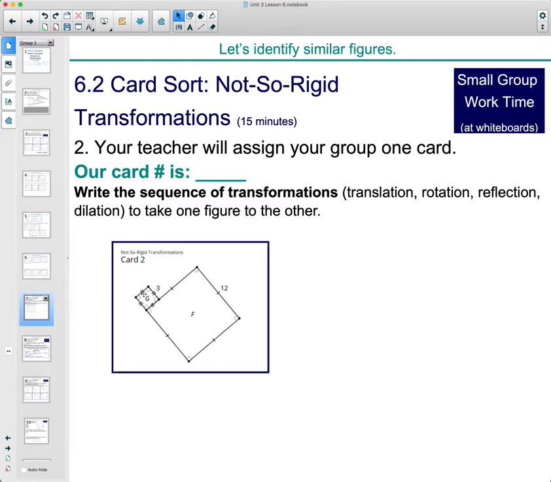So do a sequence of transformations: translation, rotation, reflection, and dilation, any of those that will take G onto F or F onto G, whichever way you would like to write it. Pause the video, get that written out, and then you can come back.